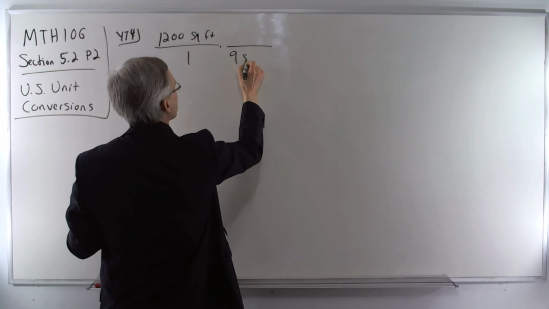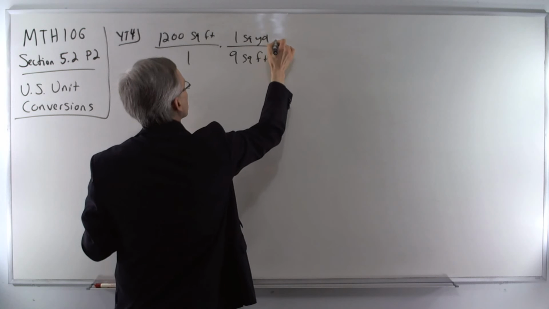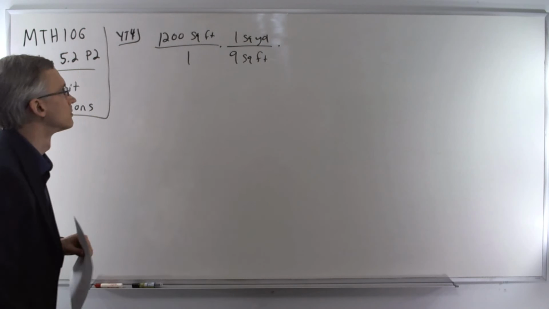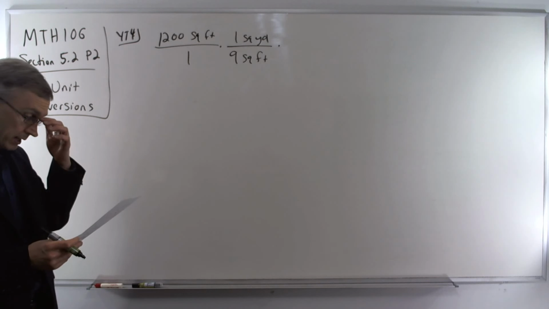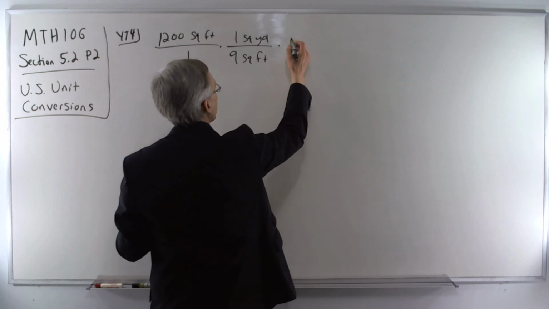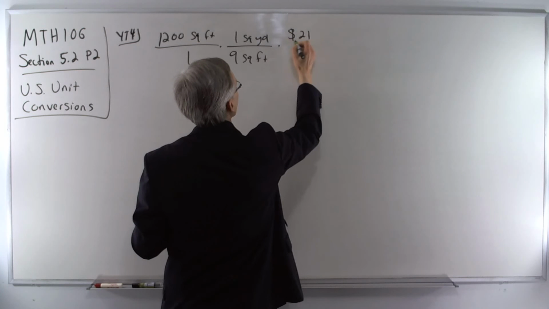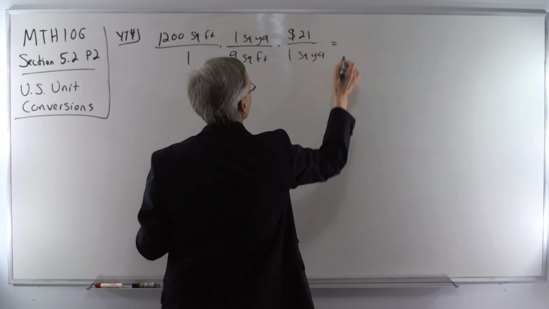So 9 square feet, 1 square yard. All right, now we're at the right units, square yards. Now the next conversion factor is the one from the problem, and that is $21, 1 square yard.